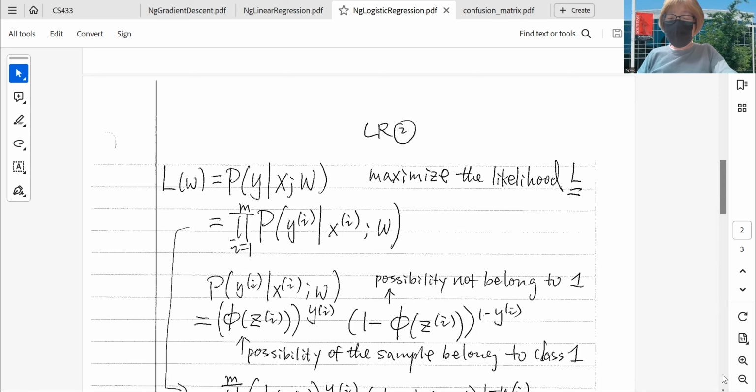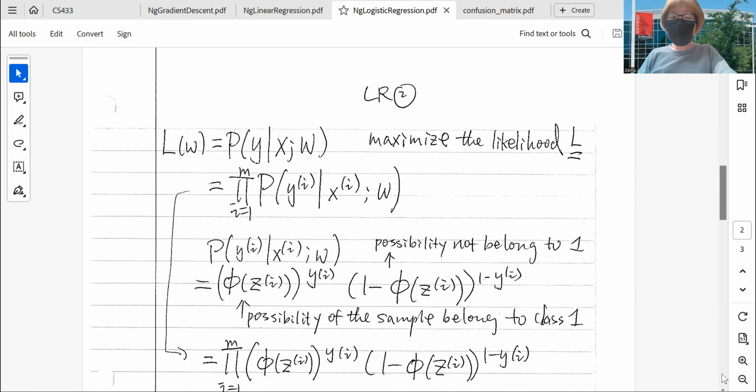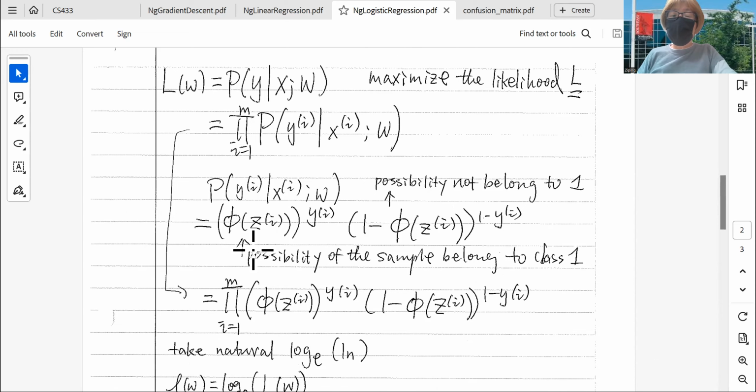What is the probability? It is either the probability of belonging to that class, or the probability of not belonging to that class.